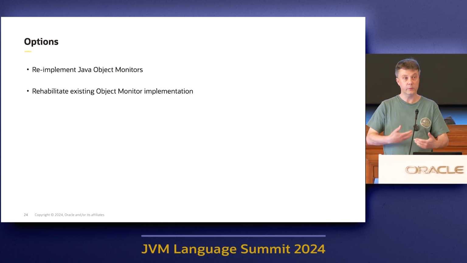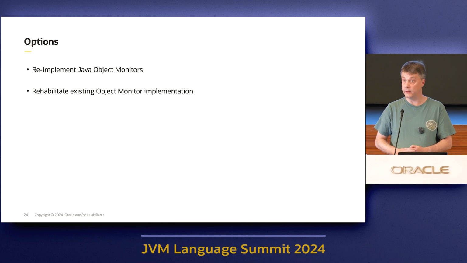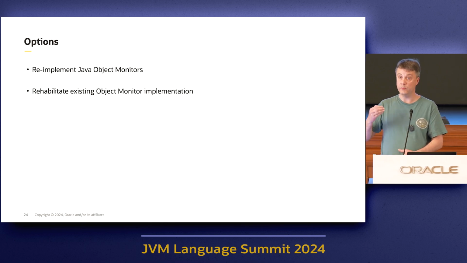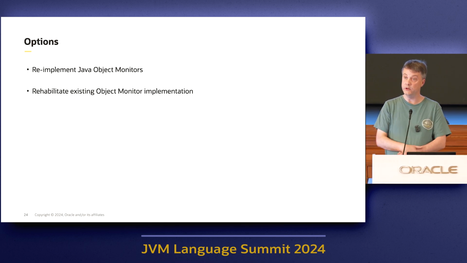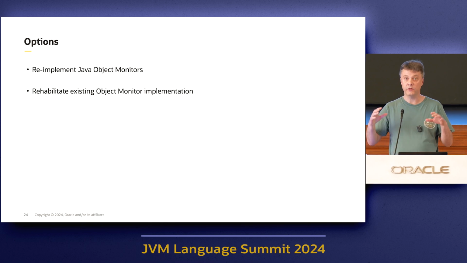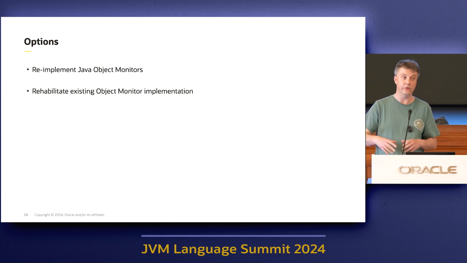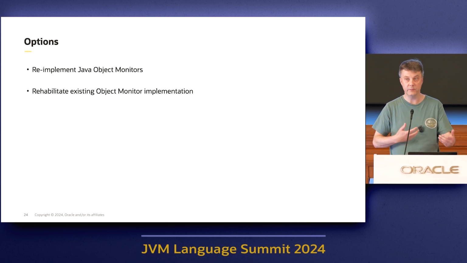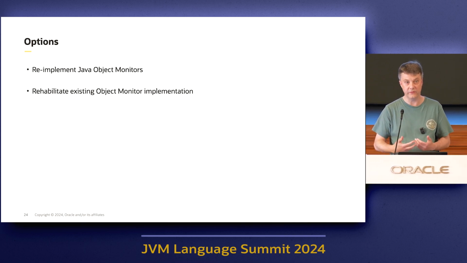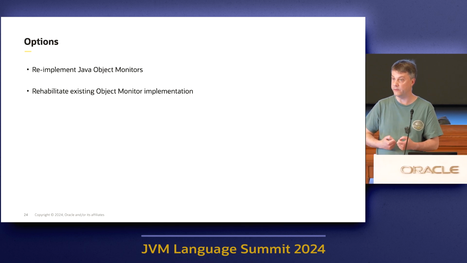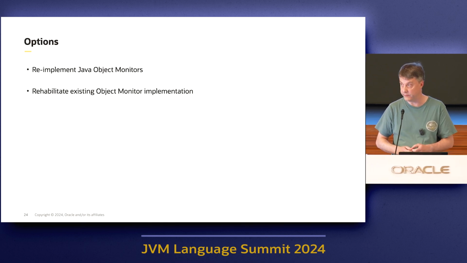So there were some green shoots there for a direction to replace what we have now with a new implementation of object monitors. But there was a lot of work to do, and lots of unknowns, because as soon as you start re-implementing parts of the VM in Java, you end up grinding against all the other interfaces that have been added over the last 25 years.